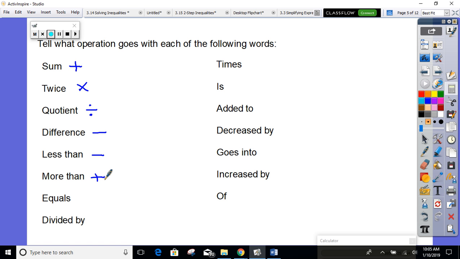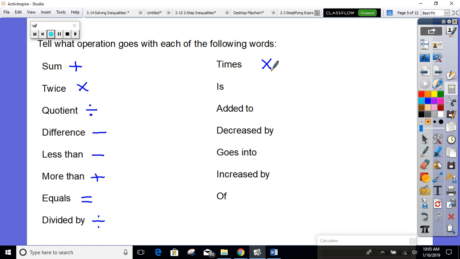Savannah, if you're finding a number that equals, what sign would you put for that? Equals, yeah. They really just want you to write an equal sign there. Ashley, this is a tough one. Divided by? Division. Good. Brady, another hard one. Times. Okay.